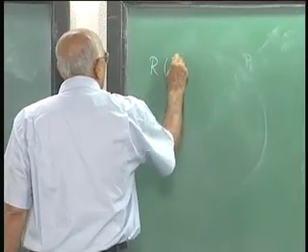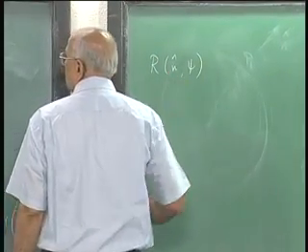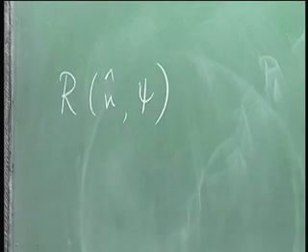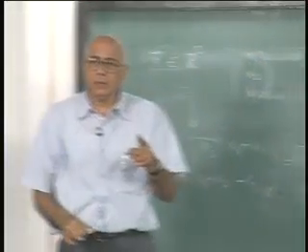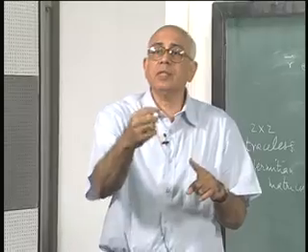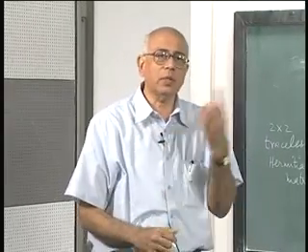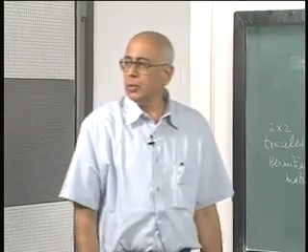Then the question is, how is this rotation represented as it acts on x, capital X? The answer turns out to be that R of n and psi, let us call it psi, the angle through which I rotate, because I would like to keep theta and phi for the polar angles of the axis n.